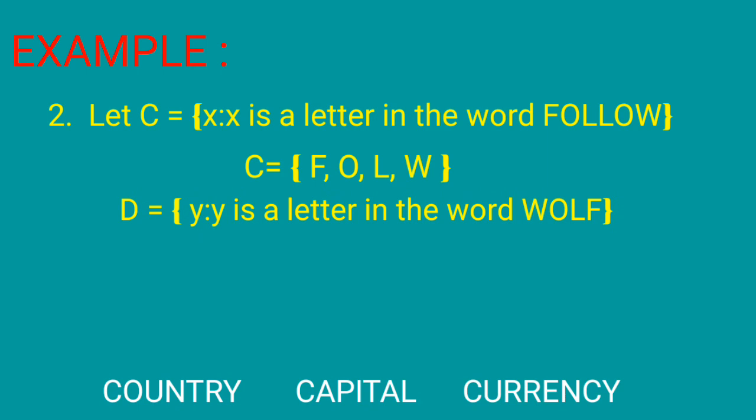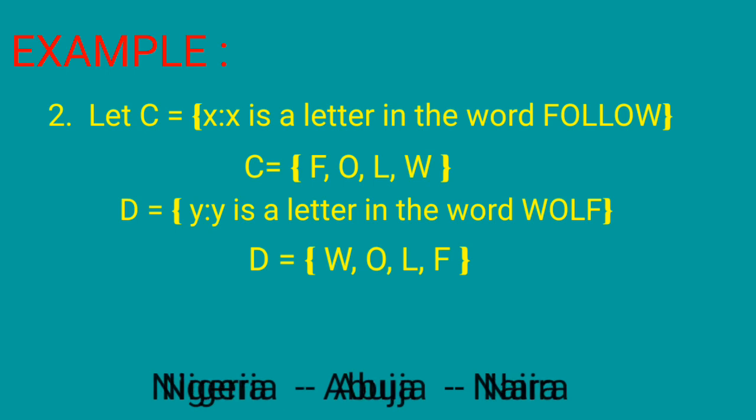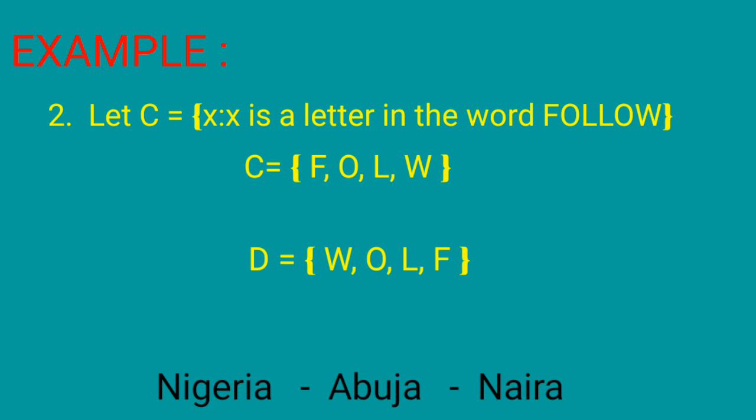When you convert this to roster form, D equals W, O, L, F. Now you compare C and D. All the elements of C are present in D and all the elements of D are present in C. The position of the elements does not matter. So C equals D.